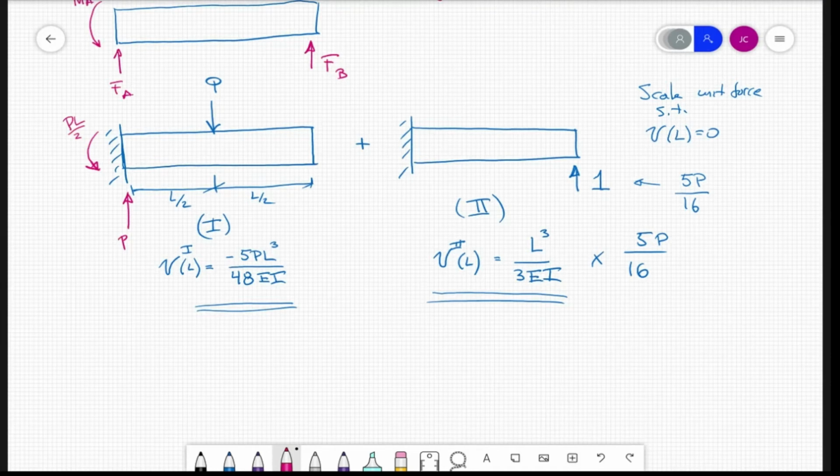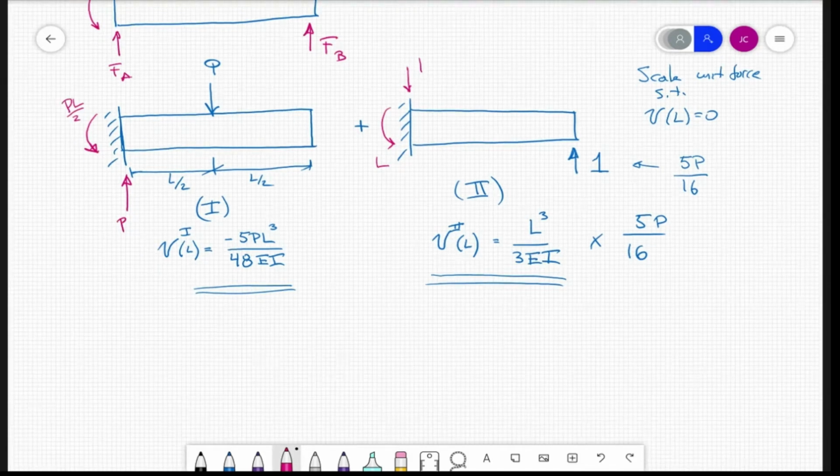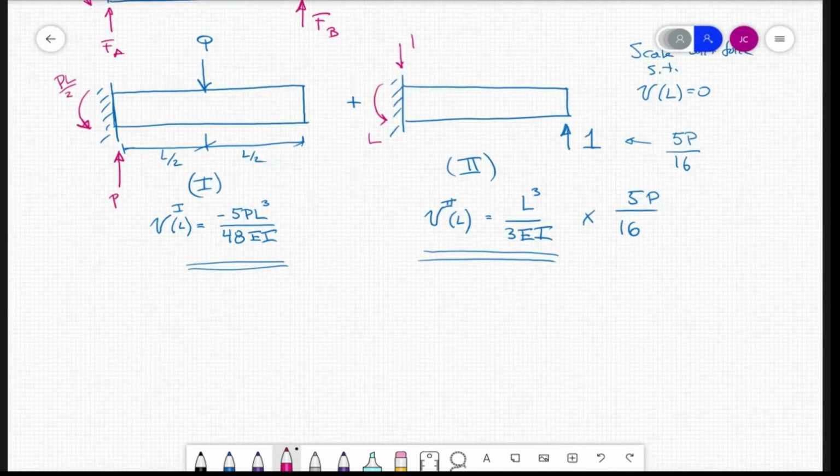All right. On this one, we would have a downward force of 1. And then the moment, since this whole thing wants to spin to the right, it's going to be a moment that spins to the left. And the moment there is 1 times L. Okay? So when we multiply this all by 5p over 16, the second case really becomes the following. This is the second case of forces.